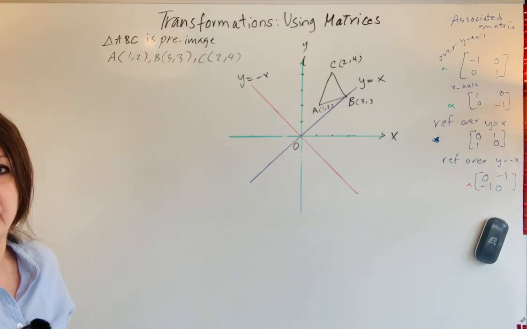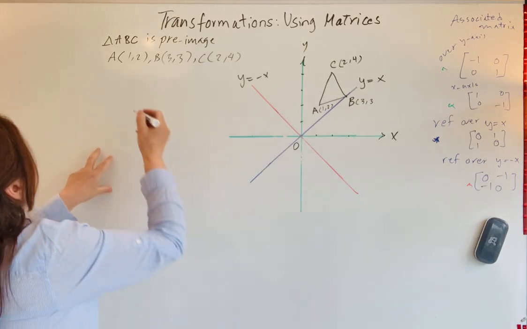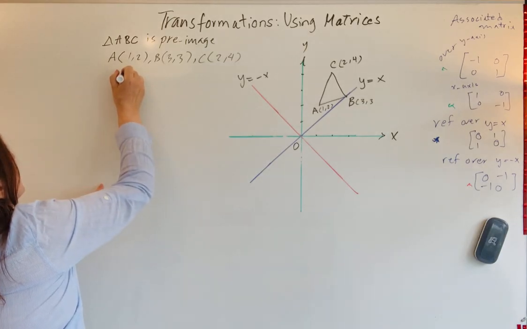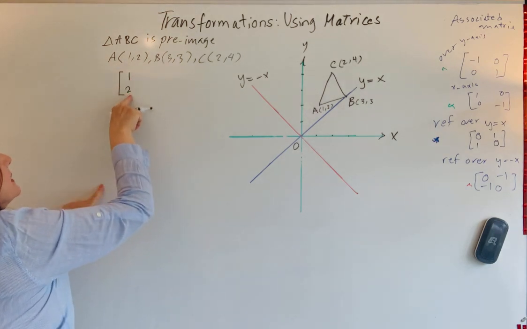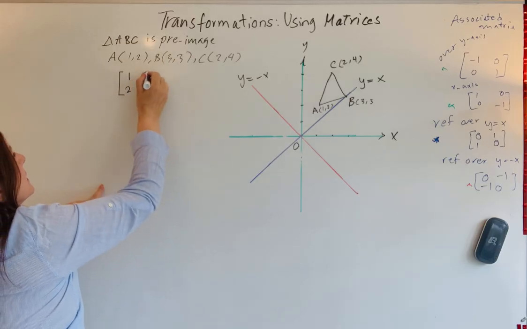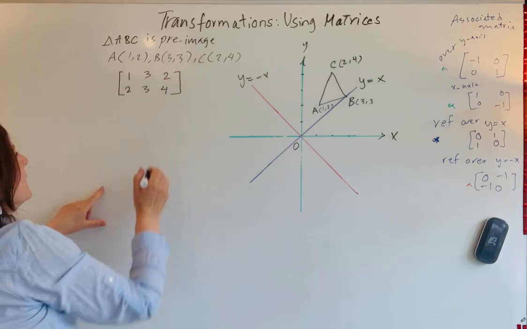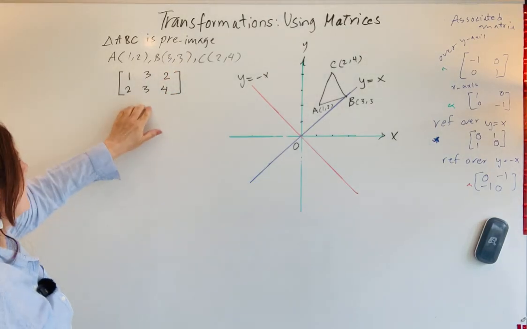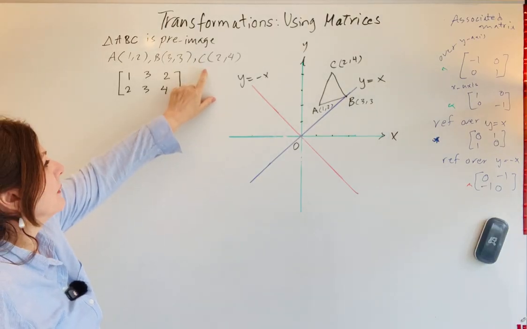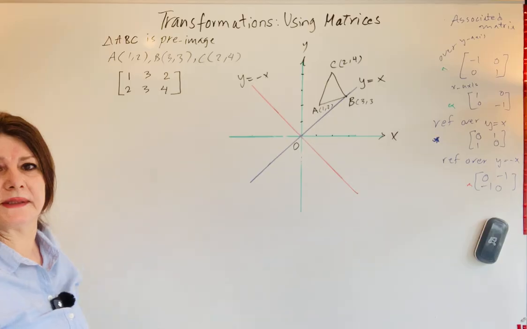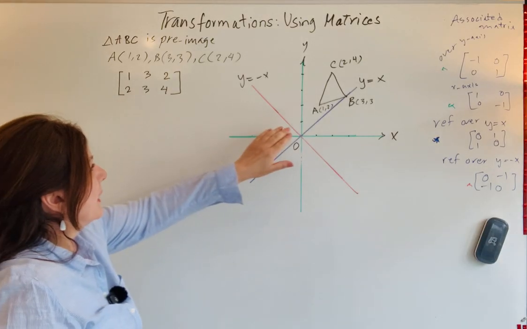We can make a 2 by 3 matrix for this: 1, 2, this is x's, this is y's; 3, 3; 2, 4. This is a matrix of the coordinate values of the vertices of ABC, right? This matrix is the pre-image.